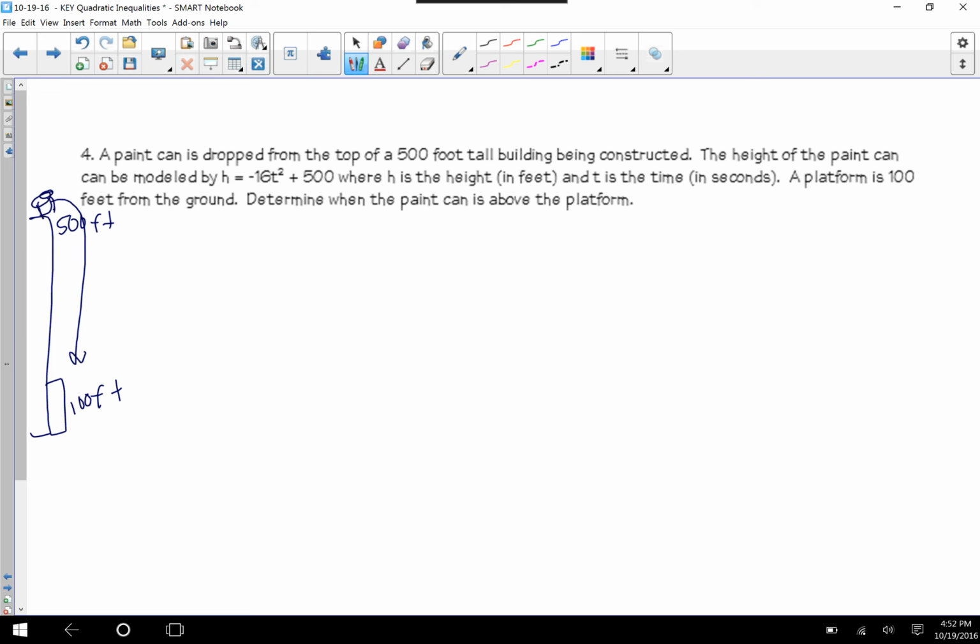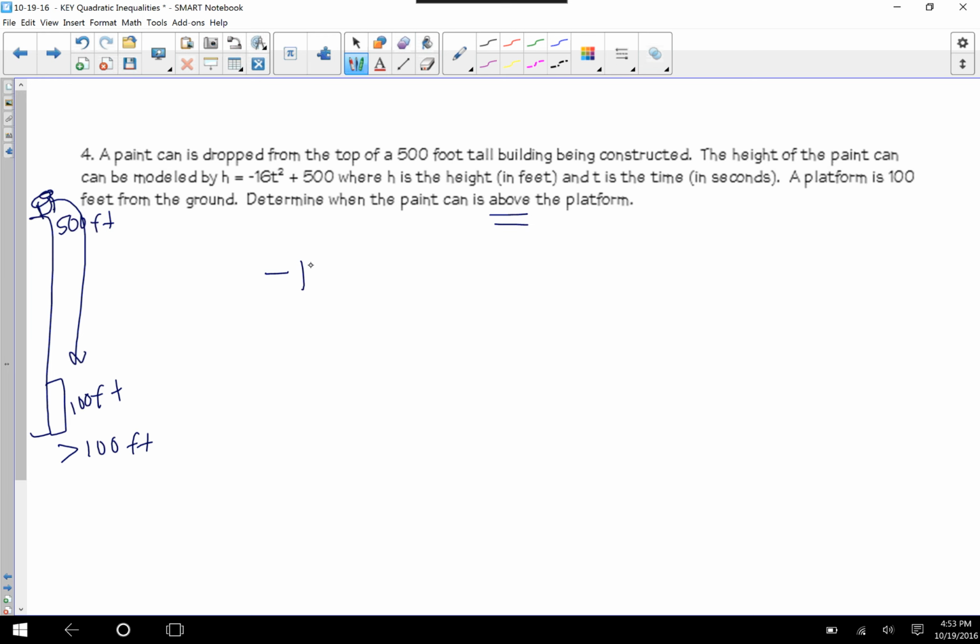I want to know when the paint can is above the platform. It's going to be above this platform when it is greater than 100 feet off the ground. Would you agree with that? And it's greater than, not equal to, because if it's equal to 100 feet, it is on the platform. We want to know when it is above the platform.